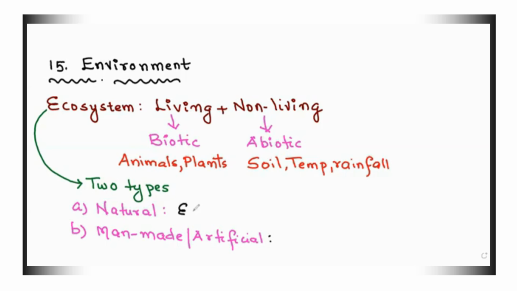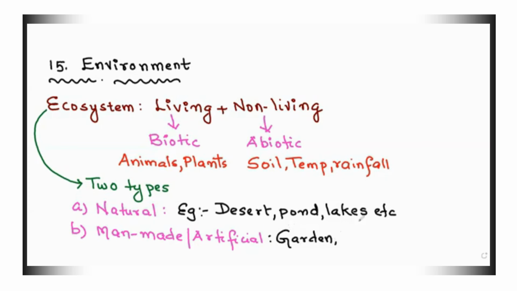Examples for natural ecosystem are desert, pond, lakes, etc., which occur naturally in the environment. Whereas the one made by humans, we call man-made or artificial ecosystem, with examples like garden, crop field, then aquarium.